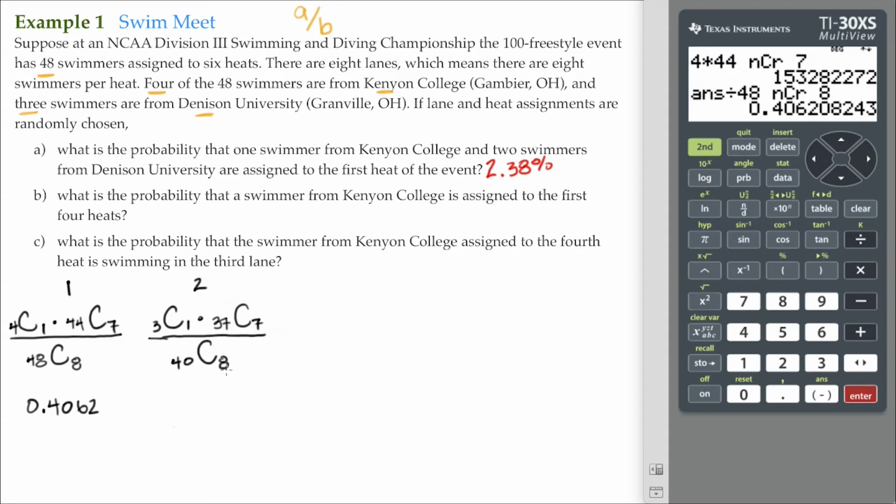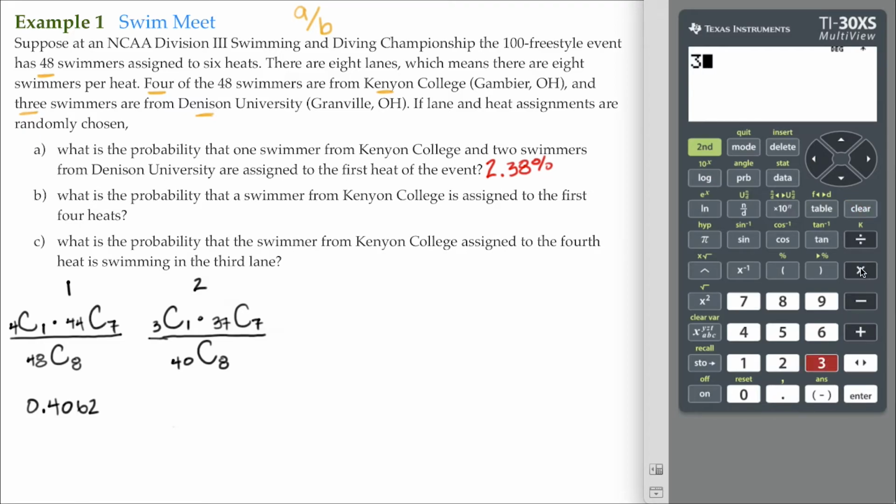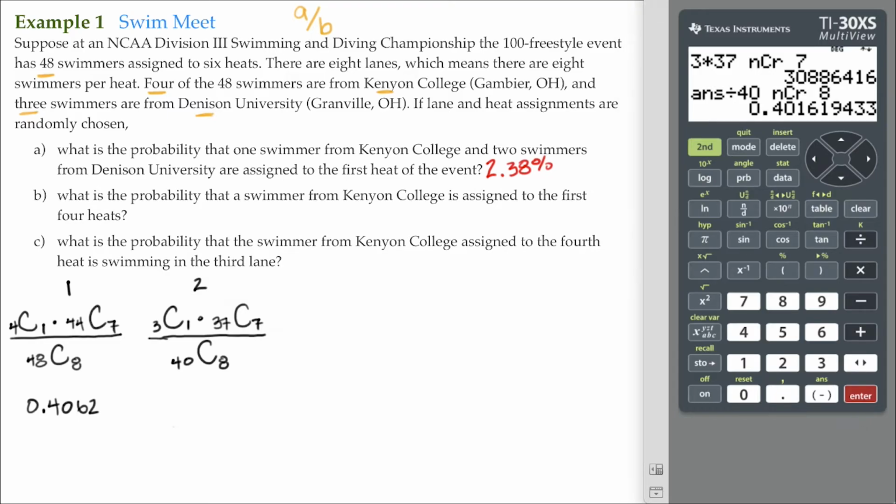And 1 and 7 is 8. 3 choose 1, that's 3 times 37 choose 7. Divide that by 40 choose 8. So this is approximately 40.16%. That's for heat 2. We continue on to heat 3.